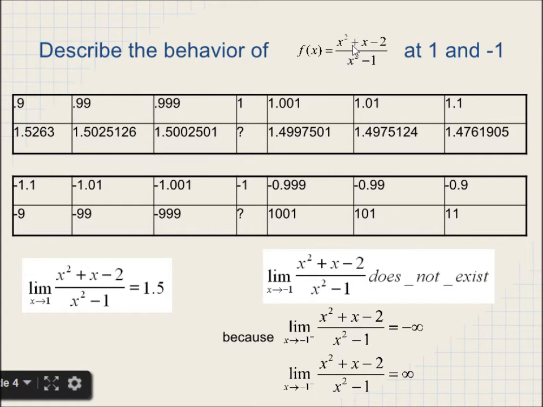Remember, when using the substitution method, you must first factor it and cancel the common factors from the numerator and denominator, and then calculate the value using substitution.